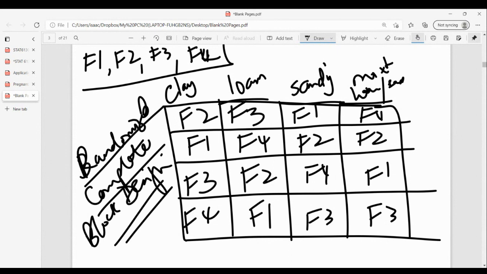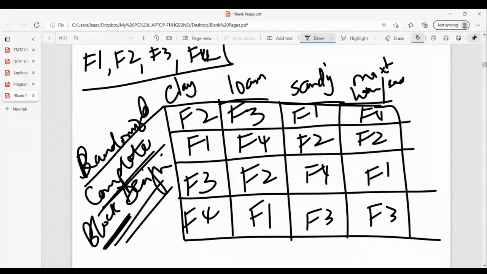It's complete because we don't have any missing pieces anywhere. So I have all my cells filled up. And in some books, the notion of completeness means that we have equal numbers, so we have 4, 4, 4, 4.